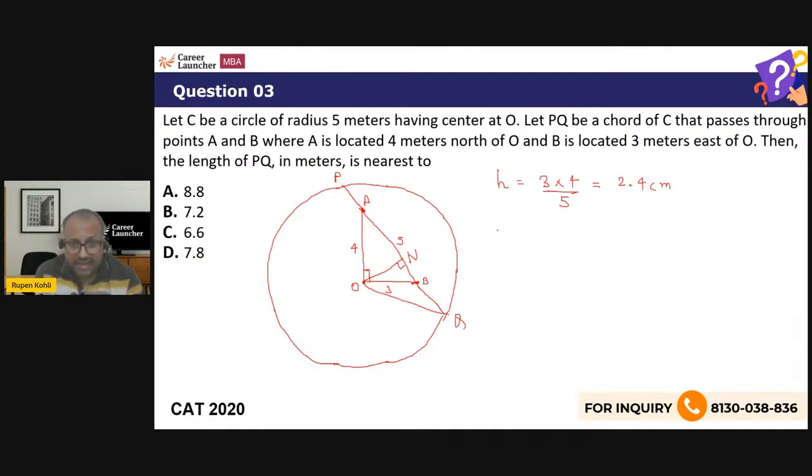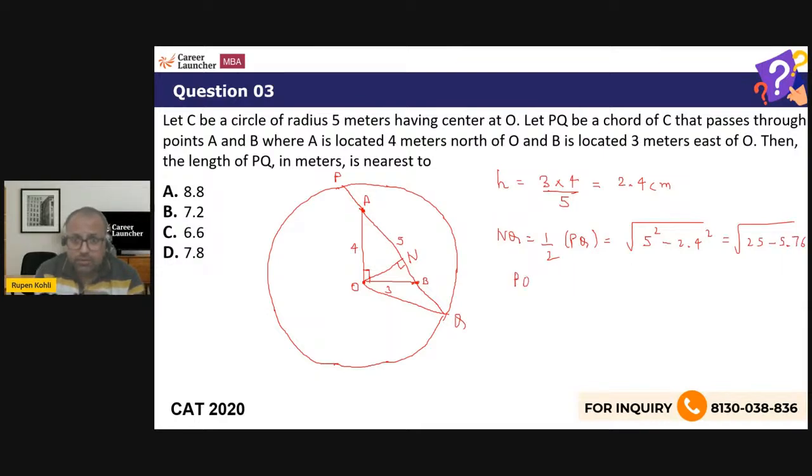I'll say that NQ, which happens to be half of what I'm trying to find, half of PQ, will be under root of OQ square minus ON square, which means under root of 5 square minus 2.4 square. So we need to do this calculation. That's all, and that is our answer. So half of PQ is under root 25 minus 2.4 square, which is 5.76.